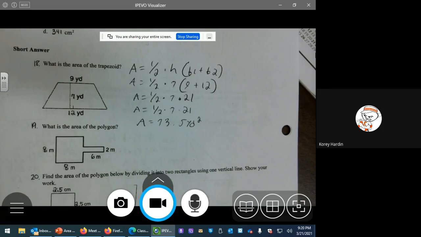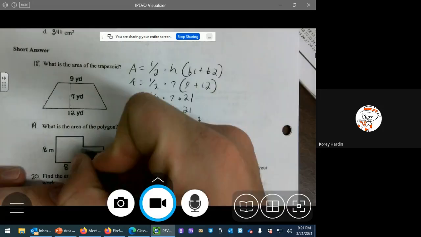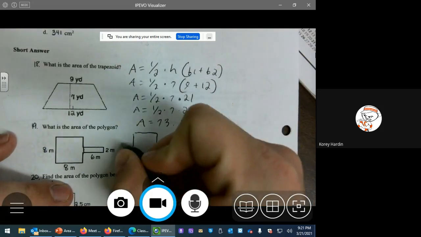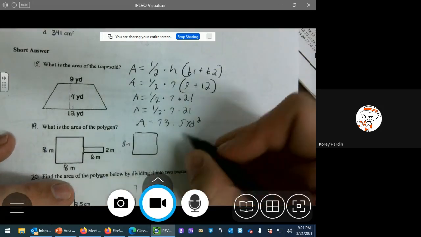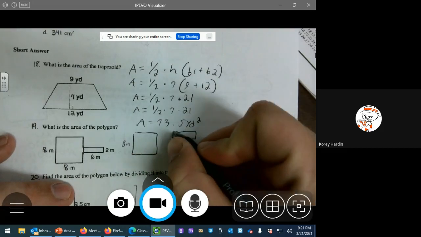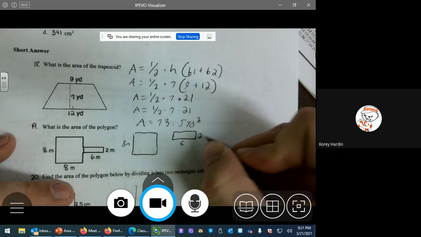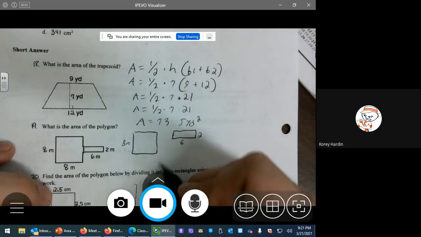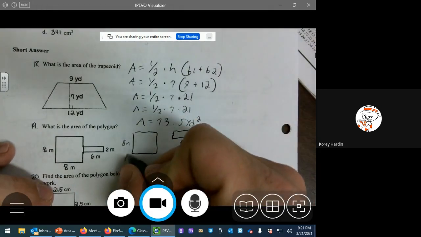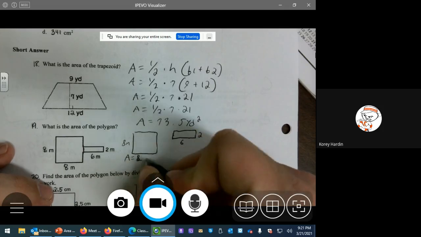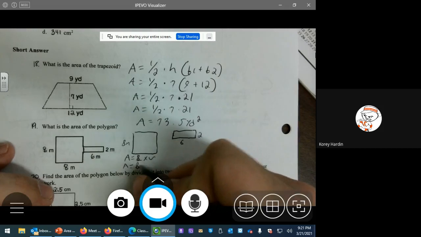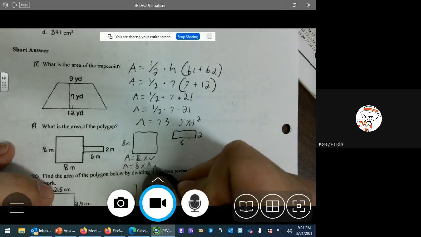All right. Now this little spatula thing down here, I'm going to have to break it apart again into two shapes. So I've got a square, that's 8 meters, and then I've got a rectangle, that's 6 by 2. The square area equals length times width, which are both 8. 8 times 8 is going to be 64.